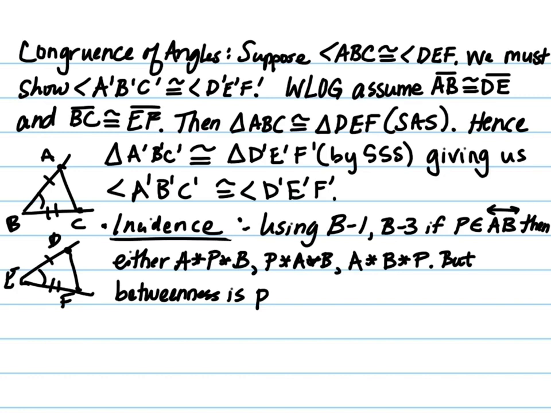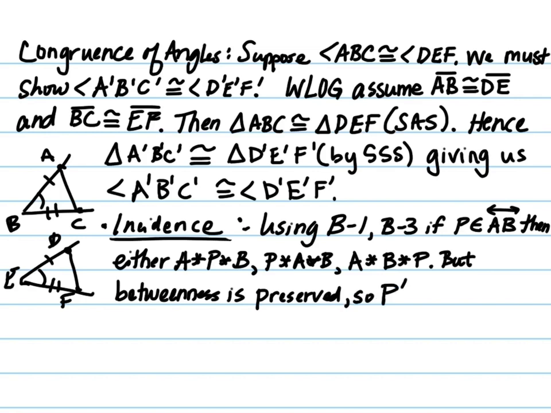Okay, this is incidence. It's based on betweenness, which I haven't proven, but I'll go back and prove it, I promise, without circular reasoning, okay? So we're going to assume betweenness is true. We've proven it, even though I skipped it. Betweenness is preserved, yet to be proven, but I will.